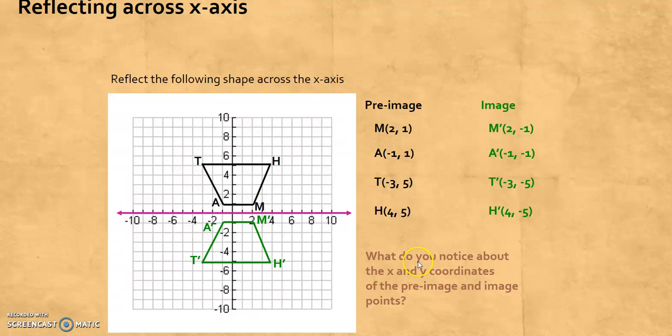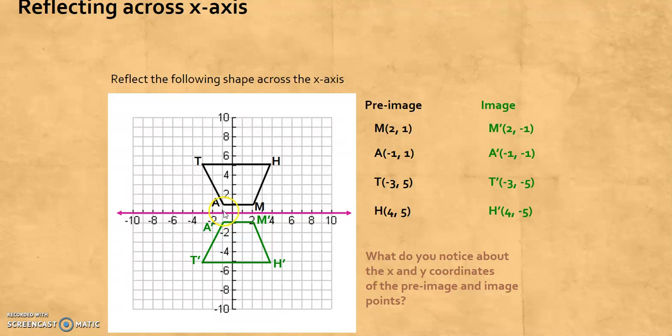And then it says, what do you notice about the x and y coordinates of the pre-image and the image? In this case, remember we're going across the x-axis, and so all the x-coordinates are the same, and this time the y-coordinates change. I went from 1 to -1, and 5 to -5.